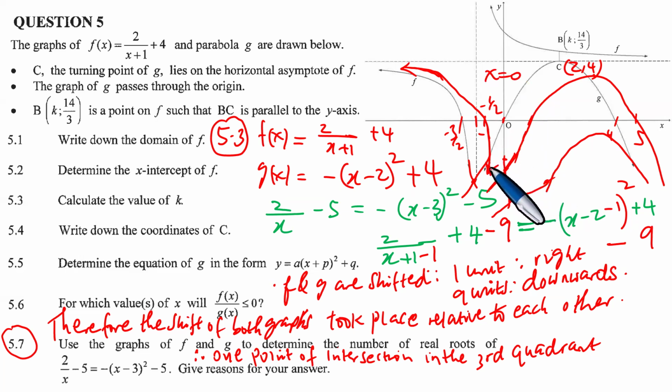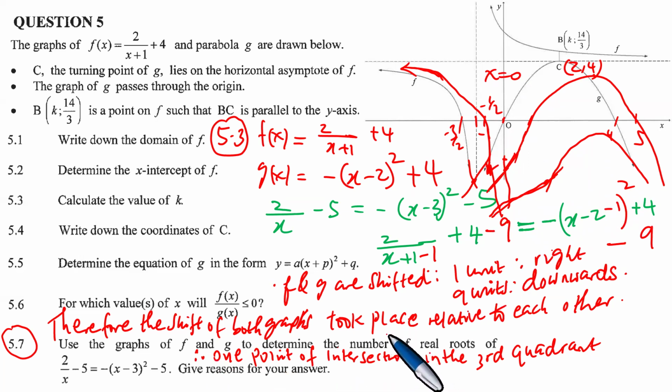So if this is the parabola that has been moved to the right by 1 unit and 9 units downwards, they will still intersect in the third quadrant. So 1 point of intersection in the third quadrant.